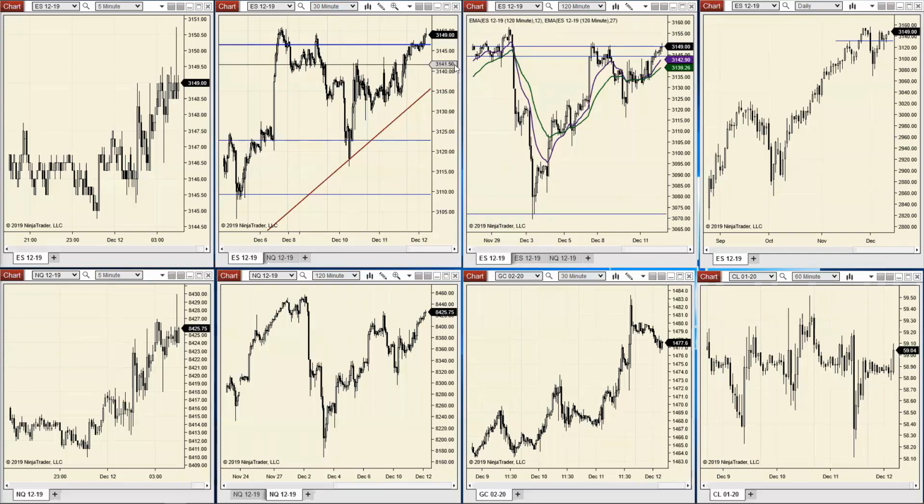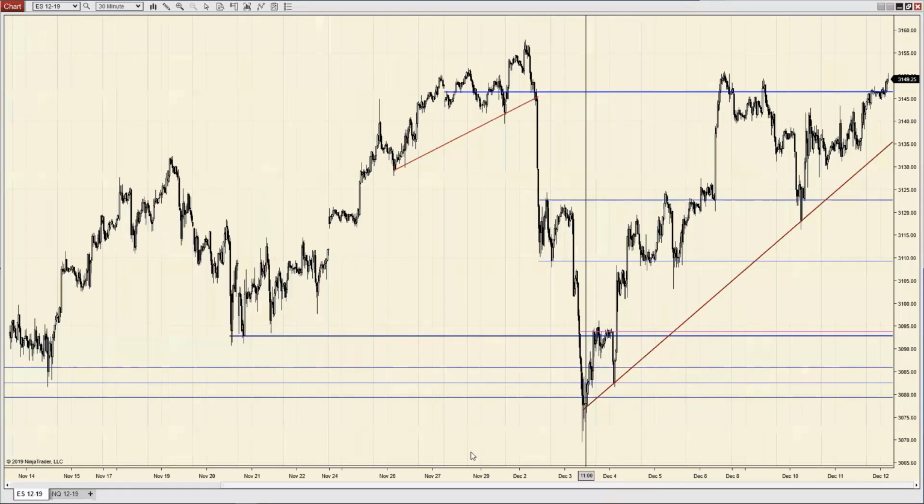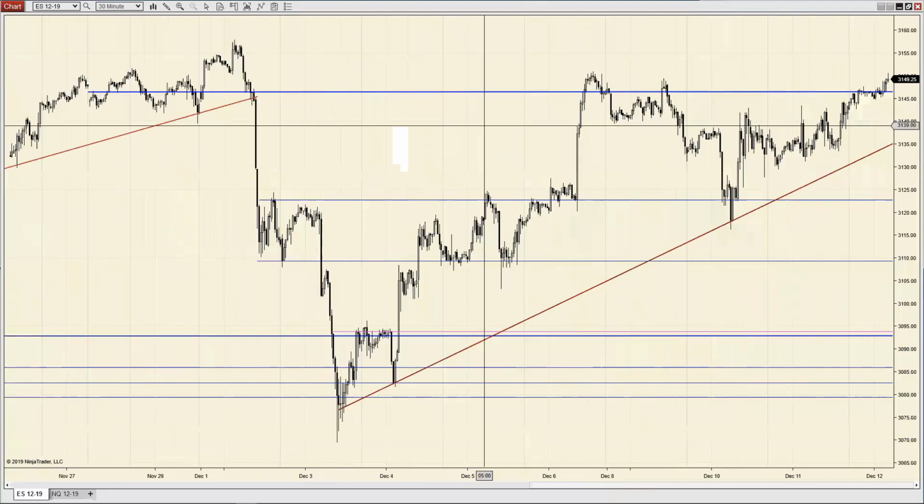We'll take a quick look at that on a 30-minute chart. SNB's Jordan says he has no idea when they can change negative rates. He did say they would change it if they saw CPI get better.